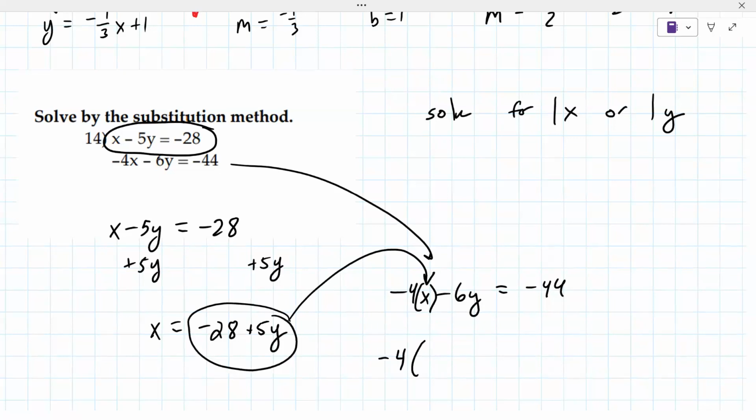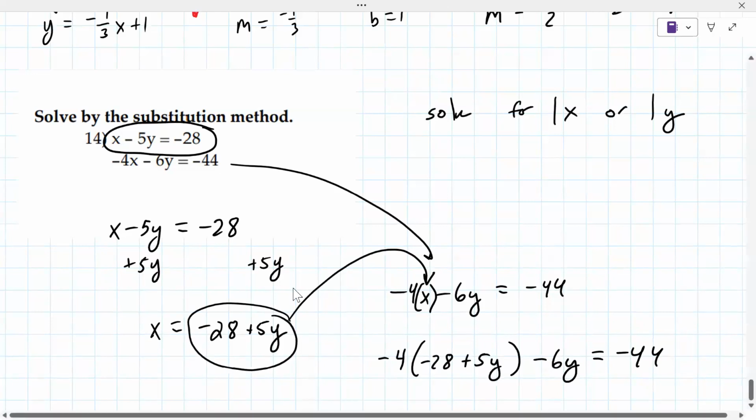So you have -4 times (-28 plus 5y) minus 6y equals -44. You see how I substituted that in for x, and the whole thing is in parentheses. The reason that matters is because this -4 multiplies both of these.